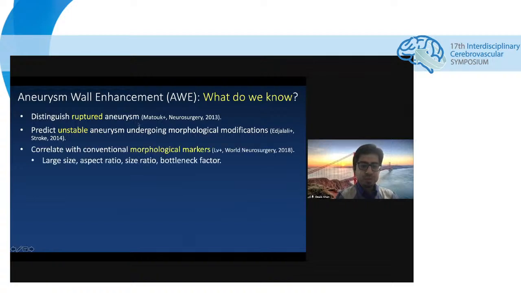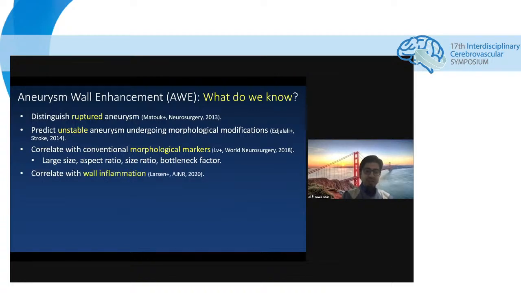We know that these morphological parameters are comparable to the conventional parameters of rupture, such as larger size, higher aspect ratio, size ratio, and bottleneck factor, all of which have been proposed for characterizing ruptured versus unruptured aneurysms. Wall enhancement correlates with these morphological parameters.